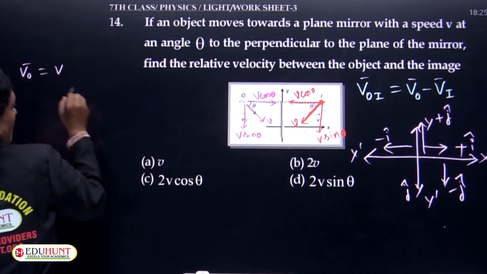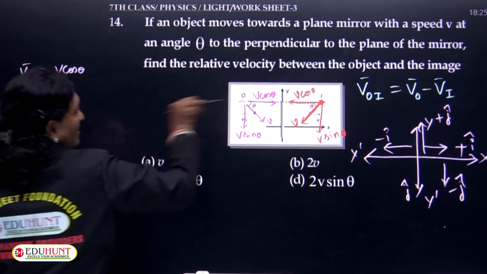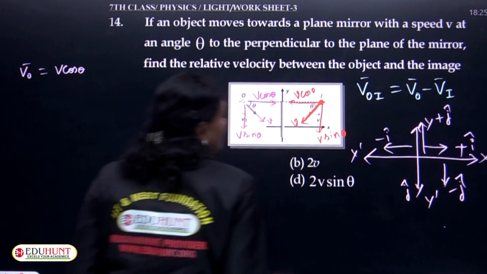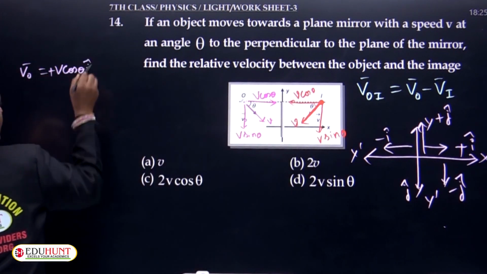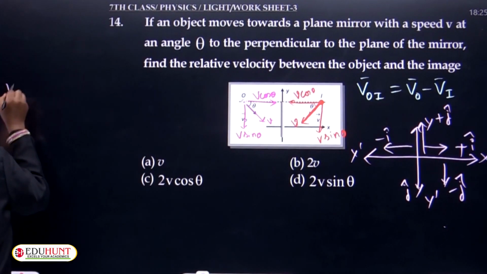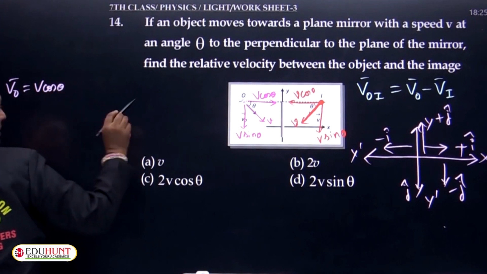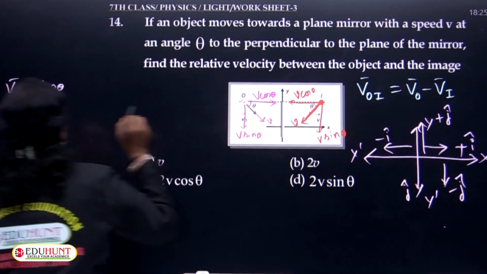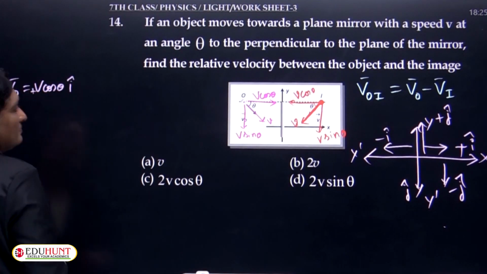So v0 can be written as v cos theta, which direction? Positive x-axis. Positive x-axis means plus I cap. So v cos theta, positive I cap.